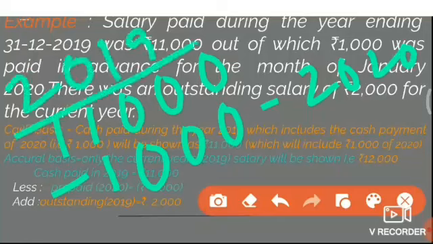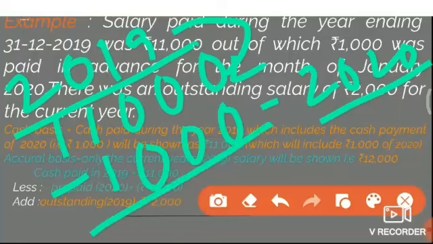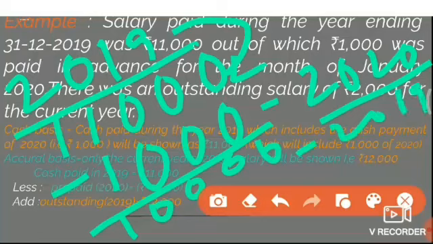Then we'll get 10,000 rupees. Now this is the cash for 2019, which is paid as salaries during the year. But there is also an outstanding of 2,000 rupees, which actually belongs to the current year itself.